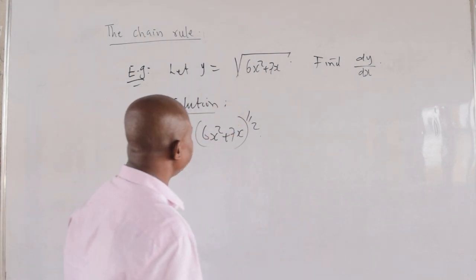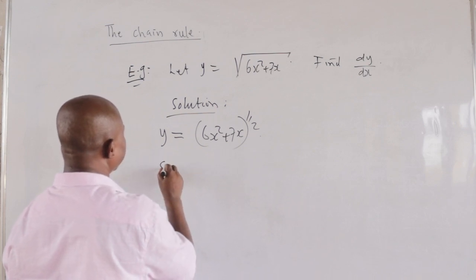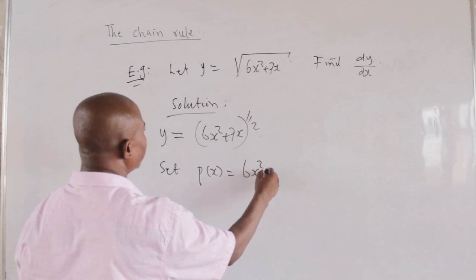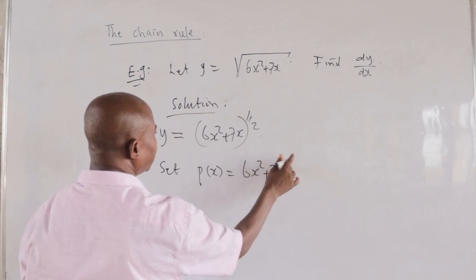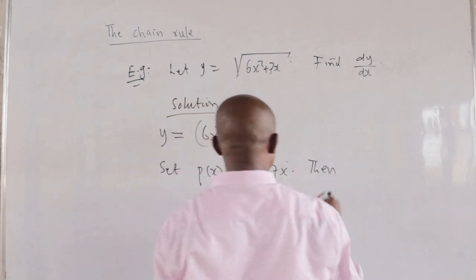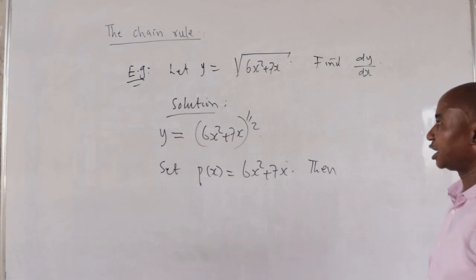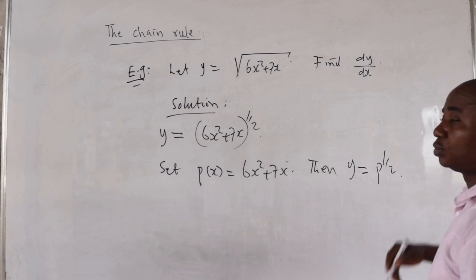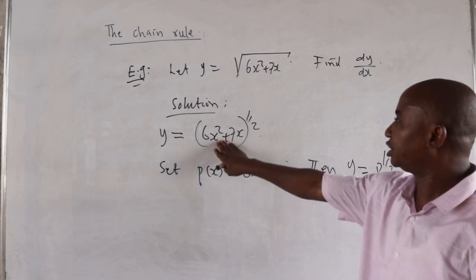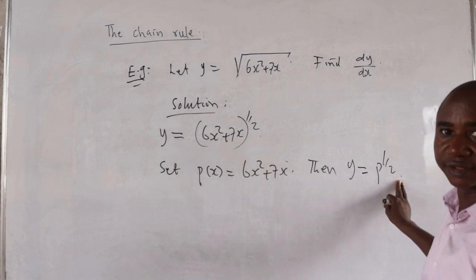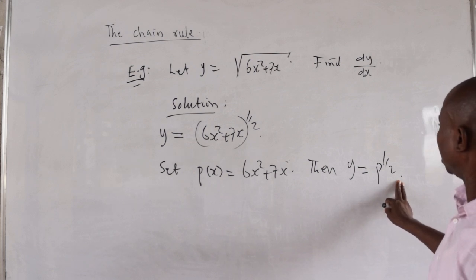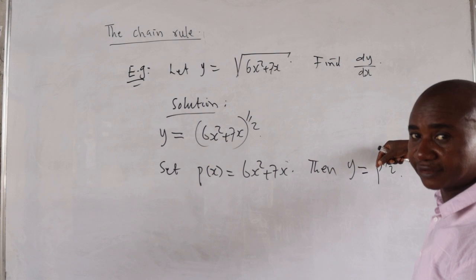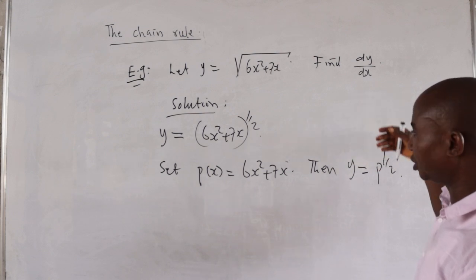So if we set p of x to be 6x squared plus 7x, then y alone is p raised to the power 1 over 2. So we have made this simplification. The next thing to do is to see that this is a function of another function of x. So we apply the chain rule.